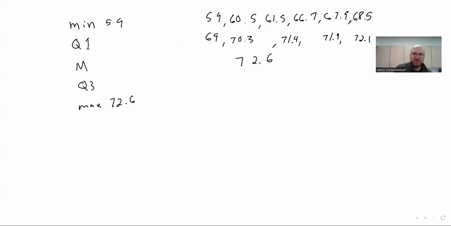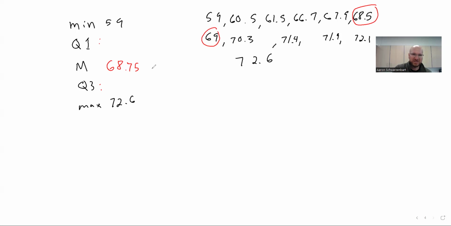The median: my two middle numbers are these two. I average them, which means taking basically halfway between them. So 68.75 is going to be my median. Quartile 1 and quartile 3 are just the medians of the lower and upper half.